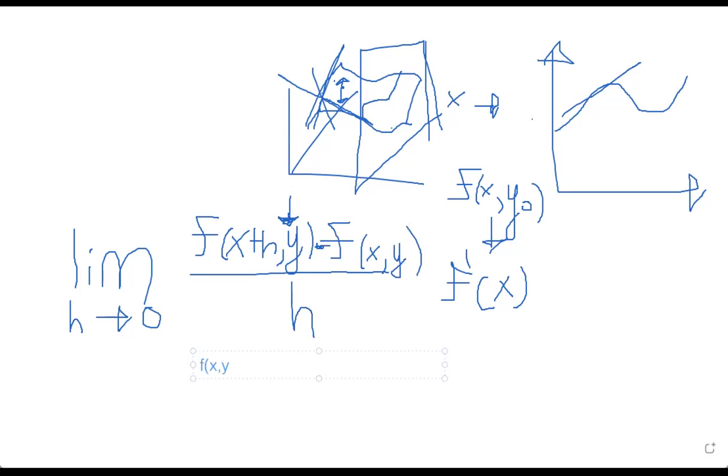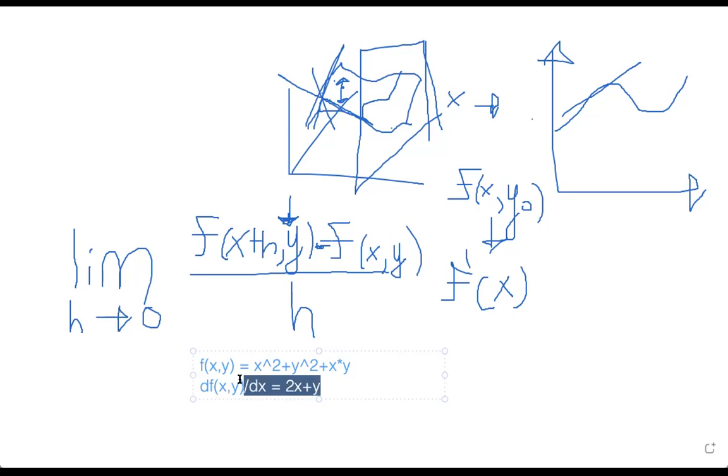So if we had f of x, y equals x squared plus y squared plus x times y, then the derivative of f of x, y with respect to x is just 2x plus y, right? Because y is a constant, we know how to take the derivative of this very easily and get a solution. And this solution has a y dependence.